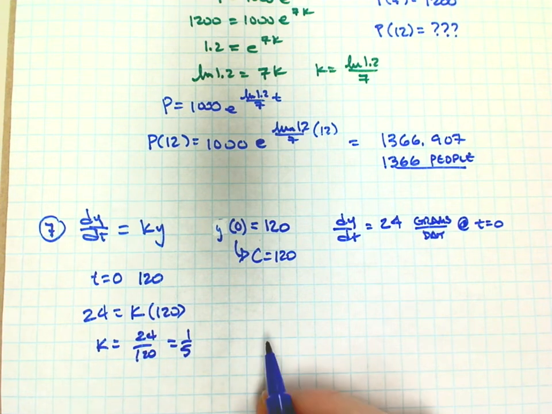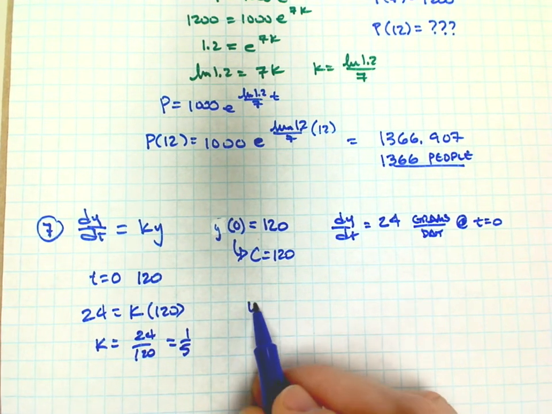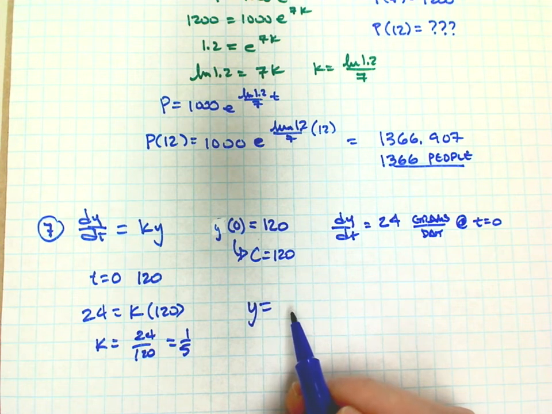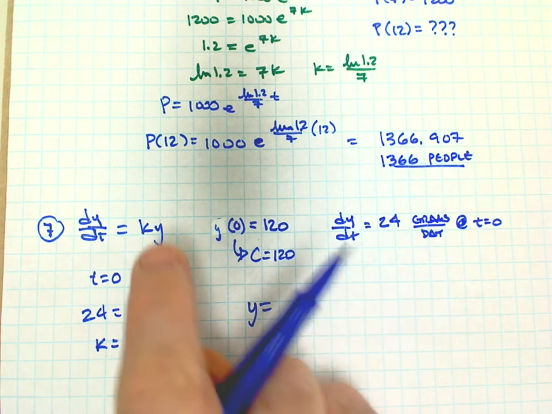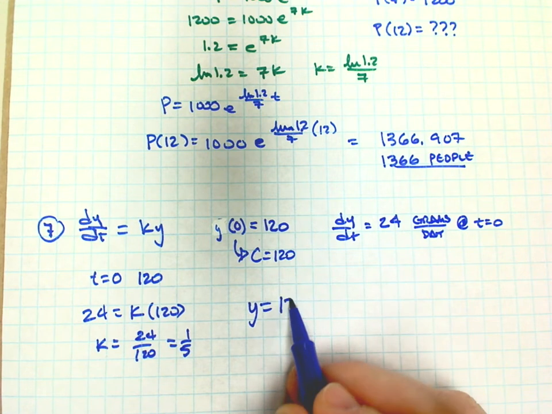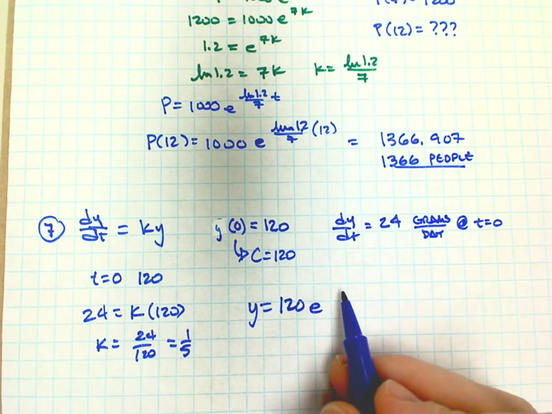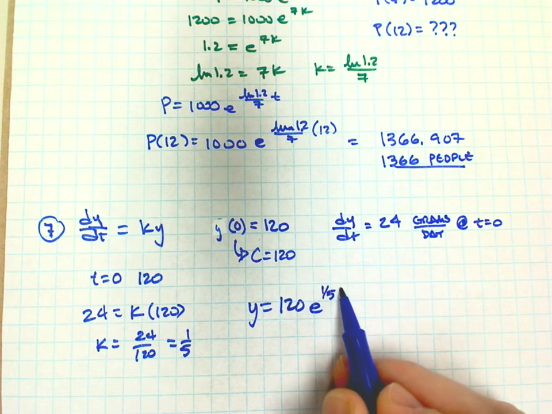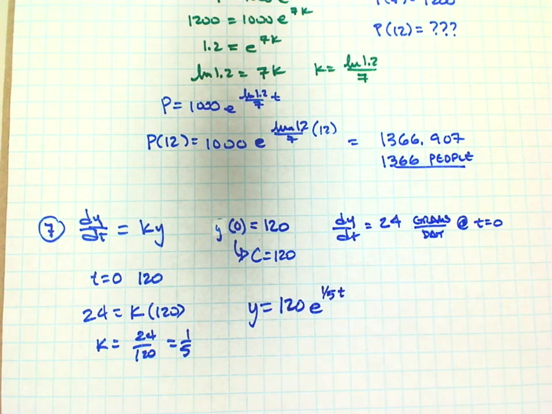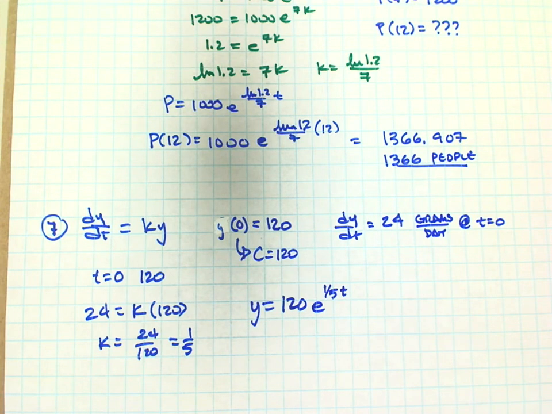So our equation for this will be y equals C value, remember we're just jumping to this one, of 120, e to the k, we just solved for k over here, 1/5 times t. Pretty simple and straightforward problem to do.